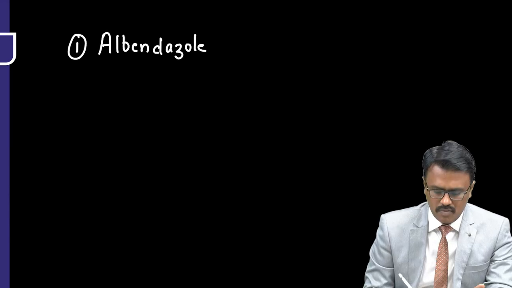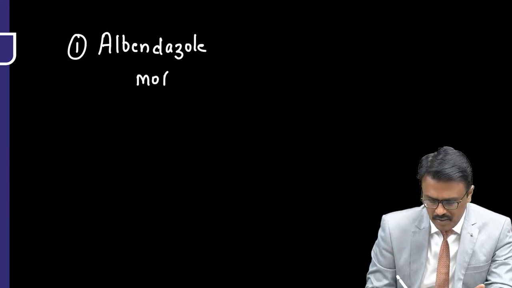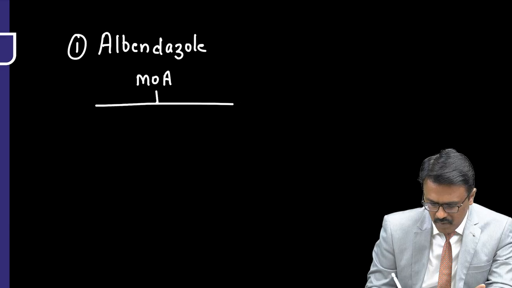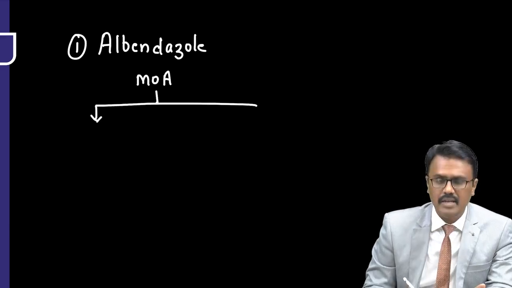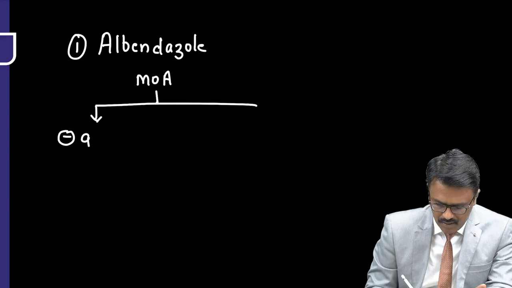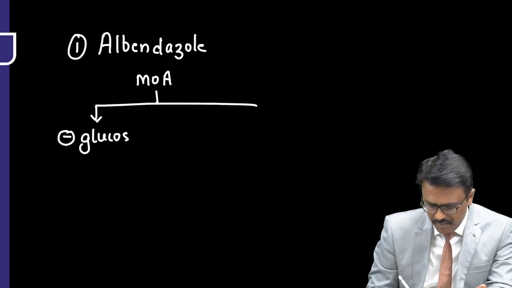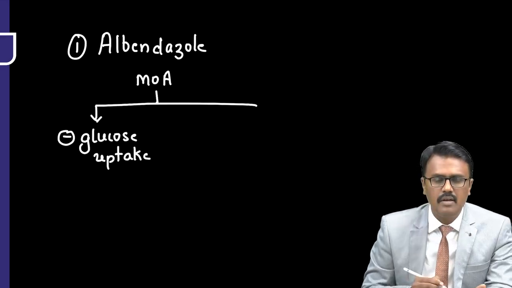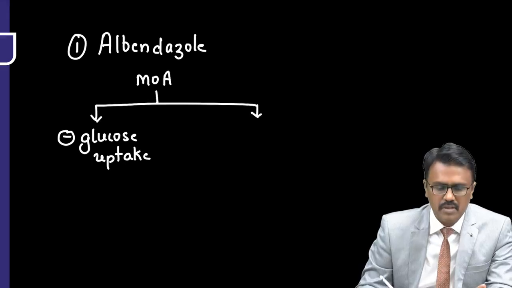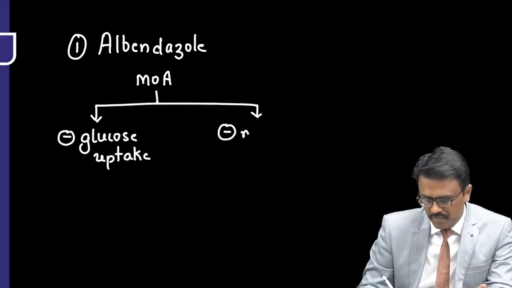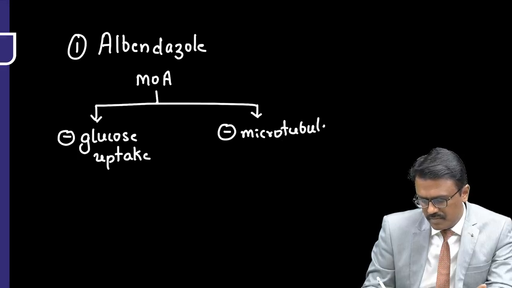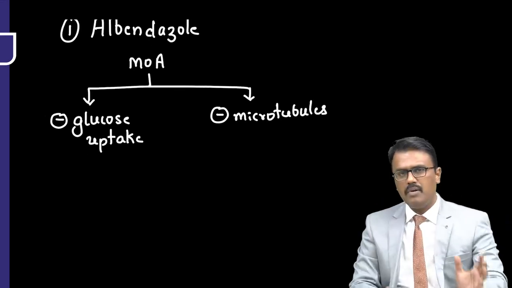Now, albendazole, what is the mechanism of action? Two important mechanisms of action are proposed. Number one, it inhibits glucose uptake in the helminth. And number two, it inhibits the microtubules of the parasites. What is the problem here?